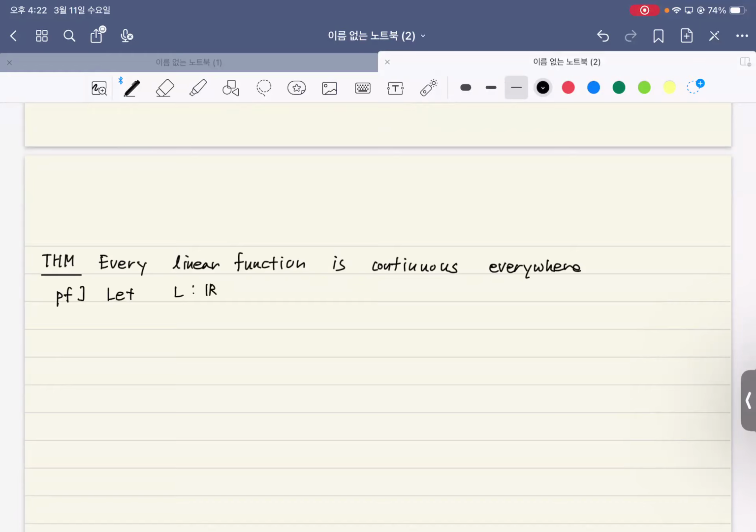I have a linear function L from Rn to Rm. Then there is an m by n matrix C such that L of x is represented by C times x. There is always such a matrix because every linear function can be represented by a matrix.